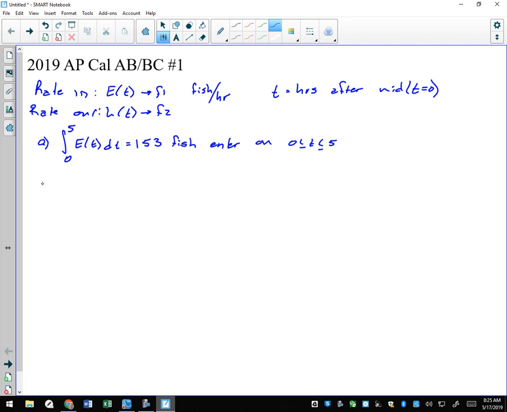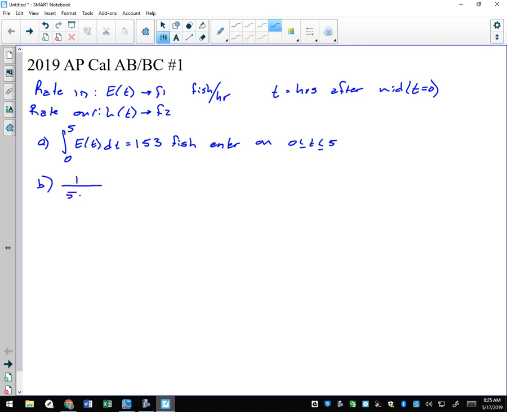All right, number B. What is the average number of fish that leave the lake per hour over the 5-hour period from midnight to 5 a.m.? So the average number that leave per hour, that's your average value theorem. That's going to be the average of the rate.